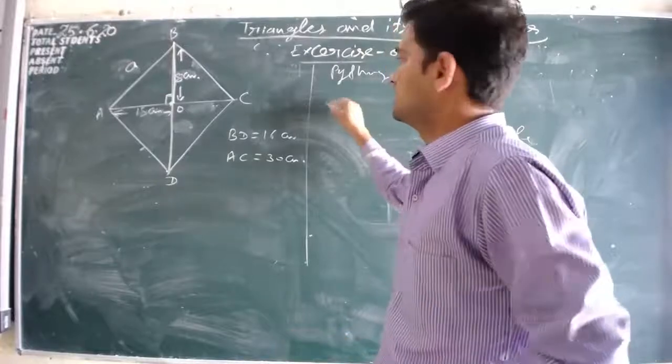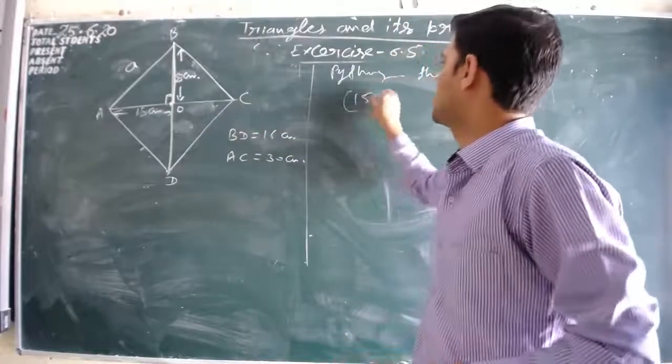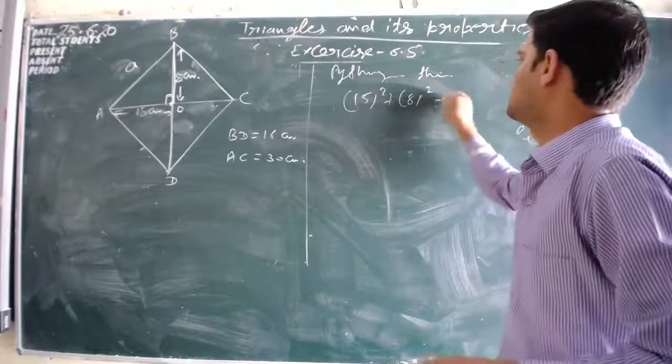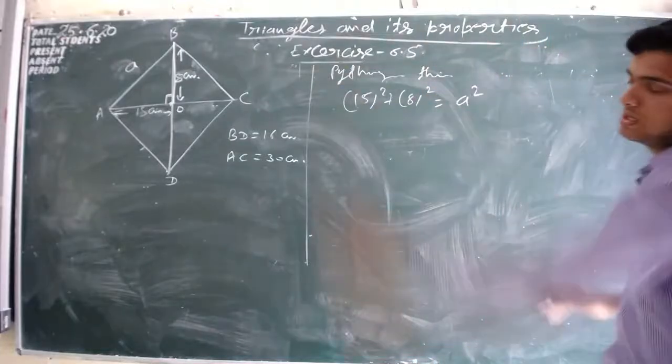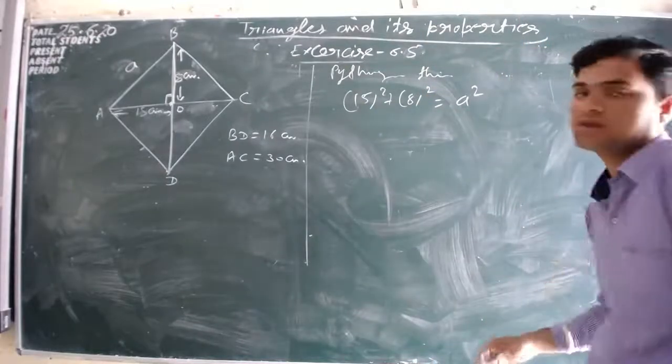According to Pythagoras theorem, what will happen? The sum of squares of 15 and 8 should be equal to the square of the side, the hypotenuse.